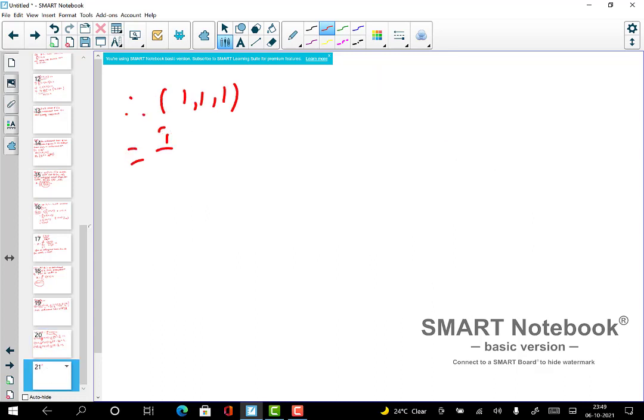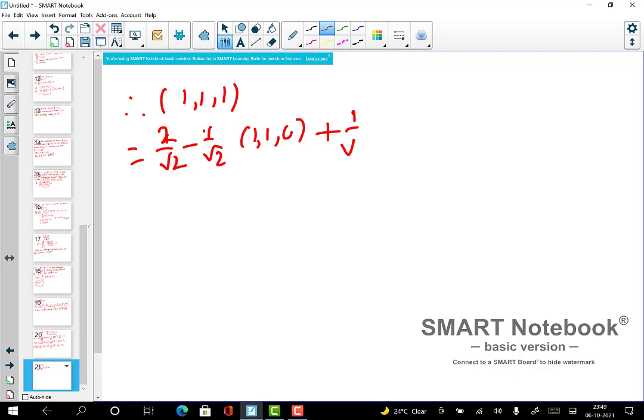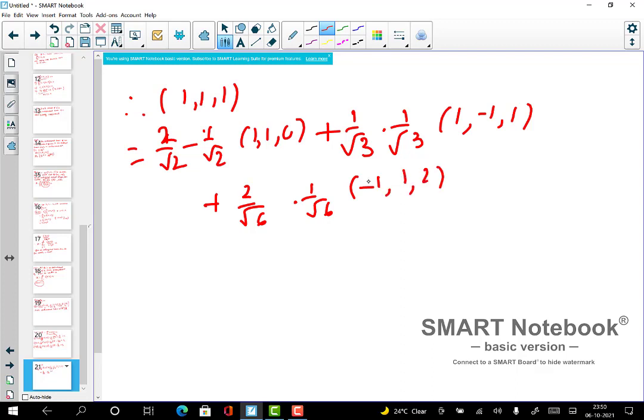So 2 by root 2 times the first vector, which was 1 by root 2 into (1, 1, 0), and 1 by root 3 times the second vector (1, -1, 1), and plus the last one, 2 by root 6 times 1 by root 6 into (-1, 1, 2), right?